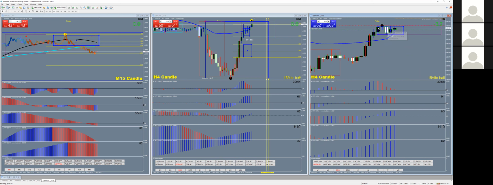This one had a good pattern. All right, so I'm trying to see, maybe it gives an M formation to go short.